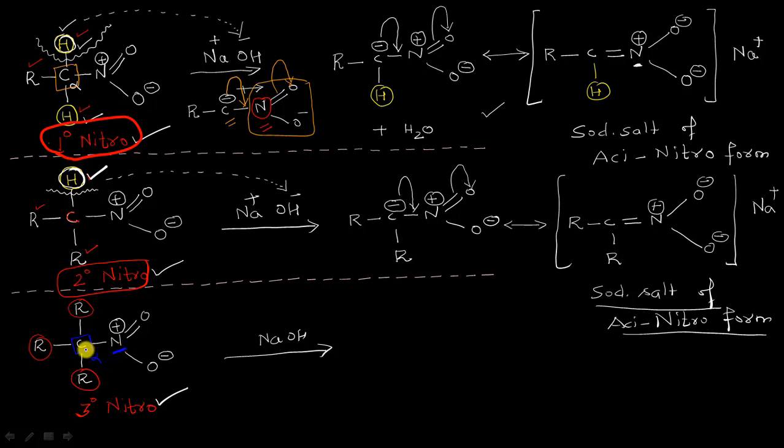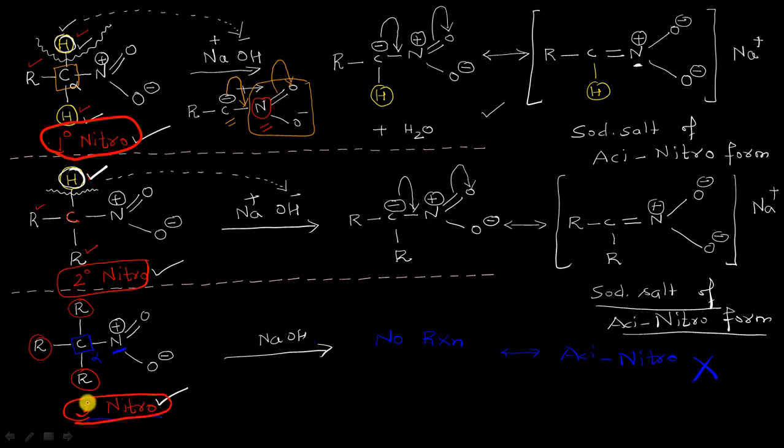As it does not contain any hydrogen atom, there is no chance that this strong base can abstract a proton from this position of the tertiary nitro compound. So by the addition of a base, no reaction will be observed, and thus the ACI nitro form will not be possible starting from a tertiary type of nitro compound.